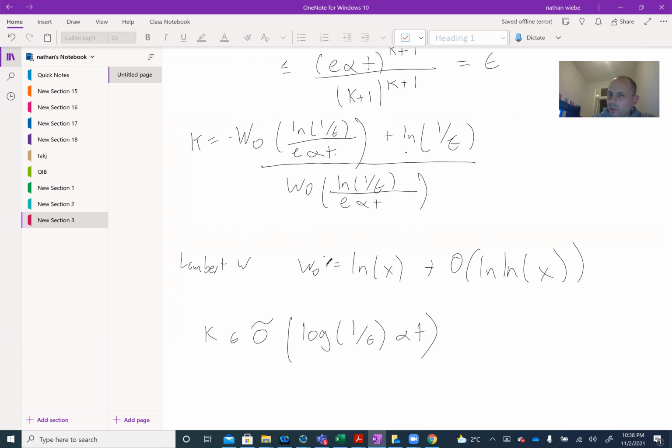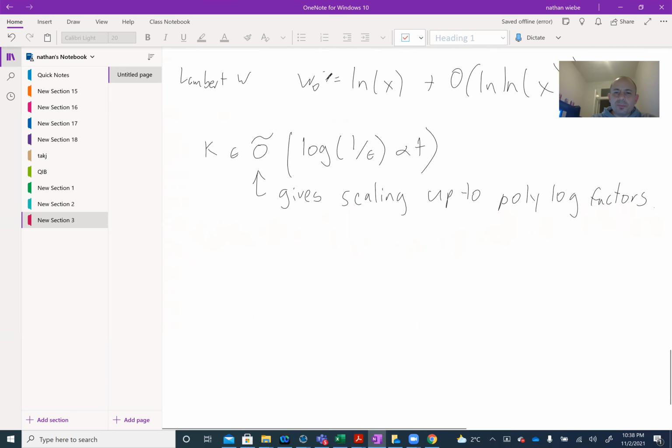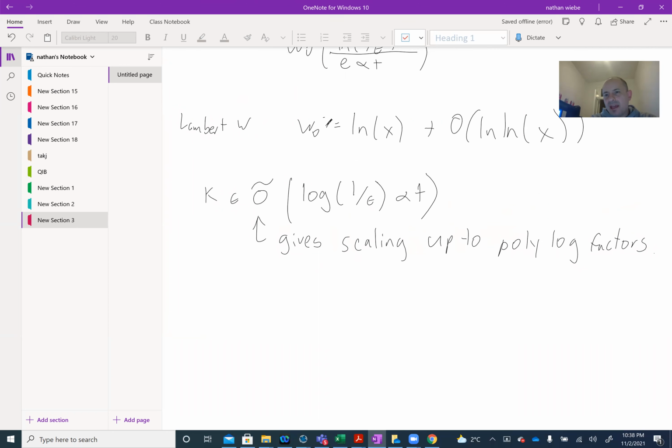Now, the question is, what do I mean by O tilde? Basically, what this means is this gives scaling up to polylog factors. So this says that if we have any logarithmic factor inside the argument of O tilde, then we can drop that completely.